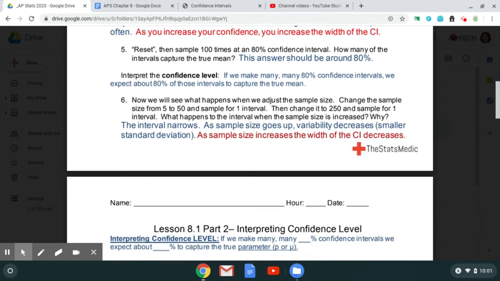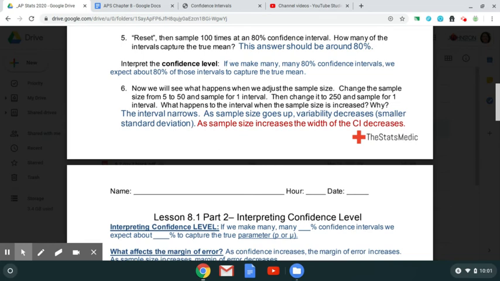Again, like we said in the earlier video, it doesn't mean this is the probability of your interval capturing the mean. Ideally we could do all the confidence intervals from the sampling distribution, and 80% of those confidence intervals would capture the mean.